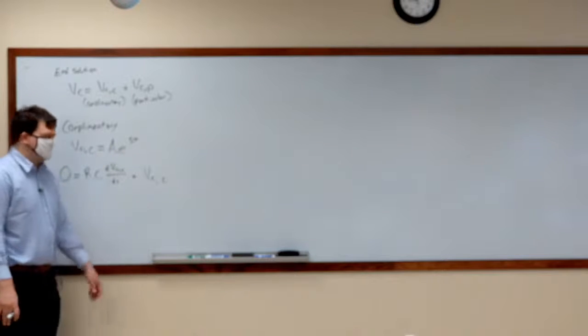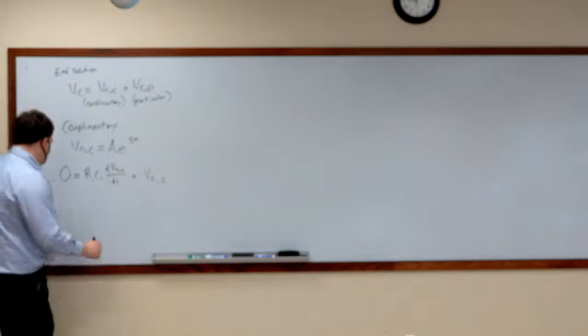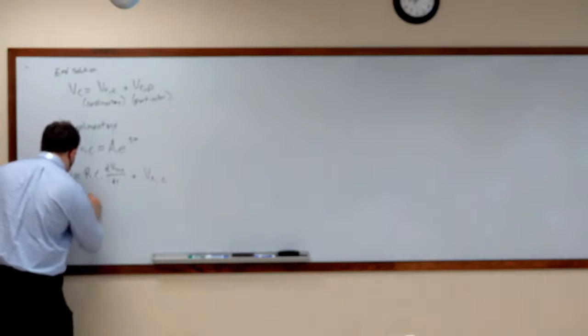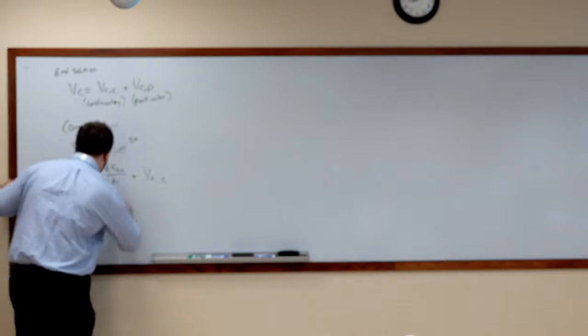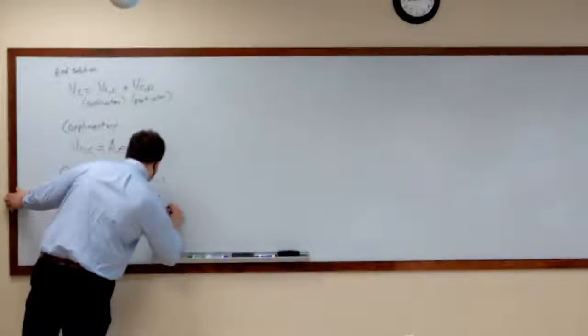As Jonathan pointed out, it's A1e to the St. All we have to do is plug that in. So, 0 is equal to R1 C1 times d/dt of A1e^(St) plus A1e^(St).